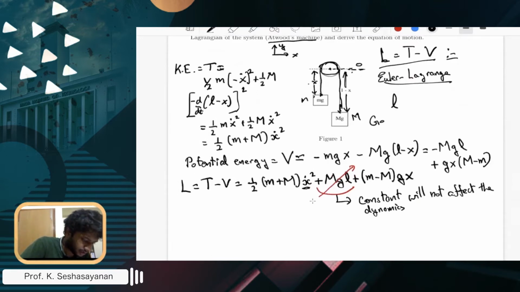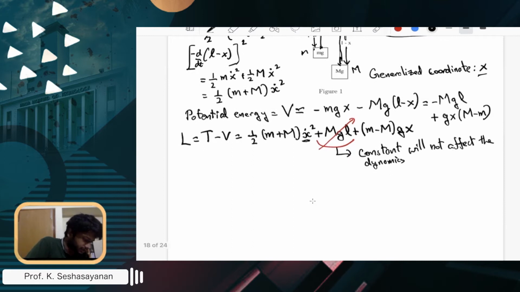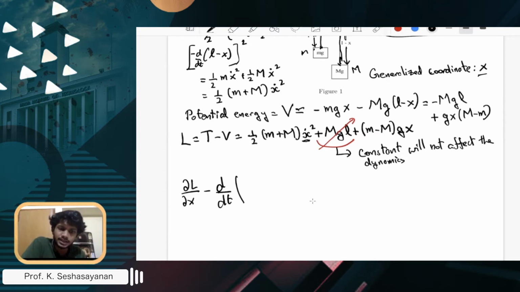The generalized coordinate here is x. L is a constant, so L is not figuring in any equation, it is just x, which is the generalized coordinate. So now we apply the Euler-Lagrange equation, which is nothing but partial L over partial x minus d by dt of partial L over partial x dot equal to 0.